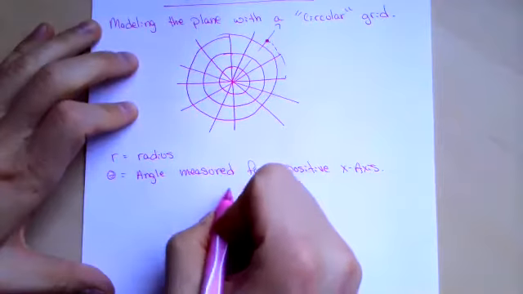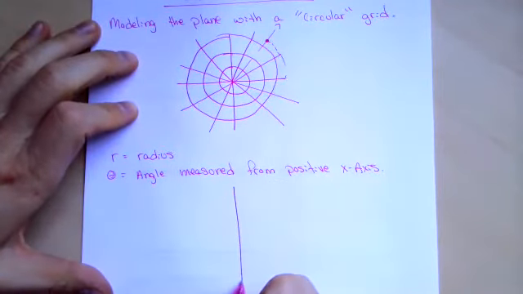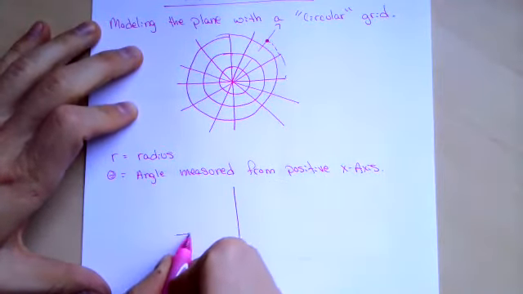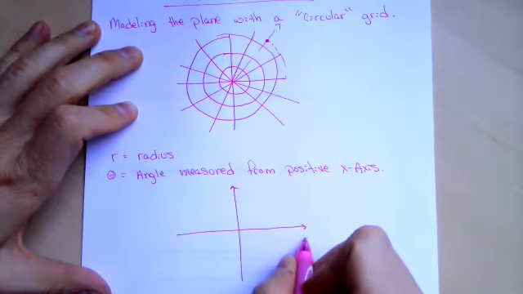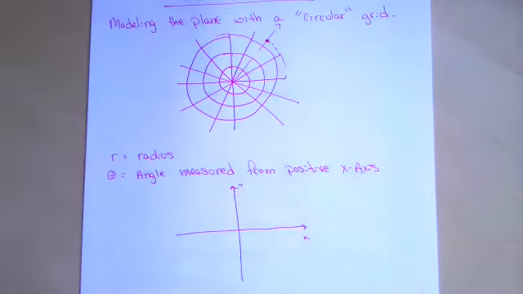We still think of x and y as hanging out there, but we're not going to use x and y to model points. They're just giving us the framework of saying, I am on the plane.